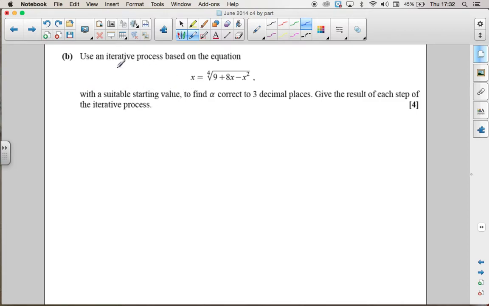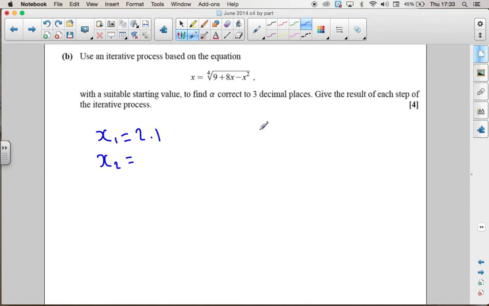Part B wants us to use iteration to find the solution. We already know that the root lies somewhere near 2.1. So I'm going to take my first value to be 2.1 for x.